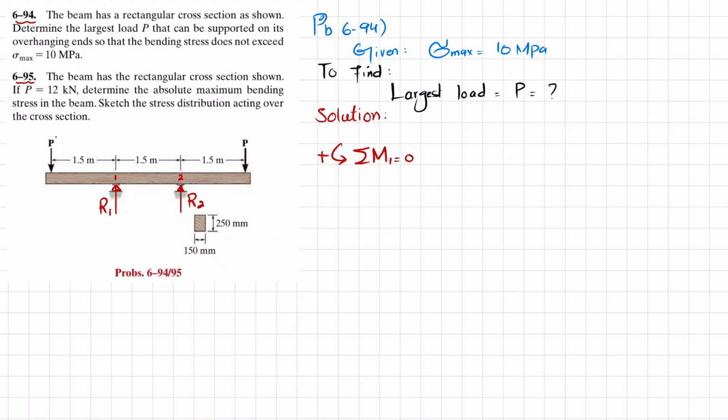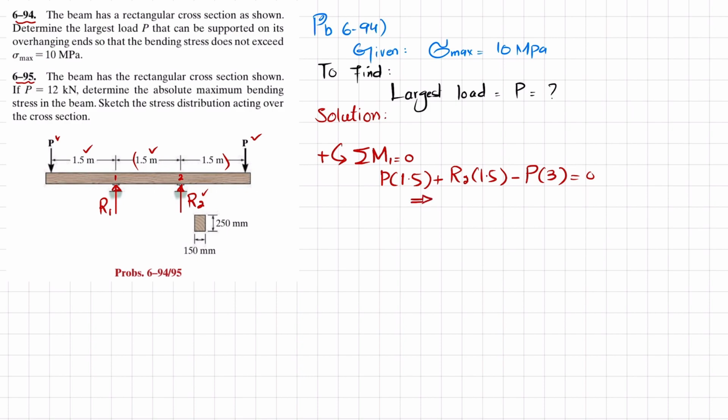So I will write P into perpendicular distance 1.5 and that is positive, plus R2 into perpendicular distance 1.5 and that will also be positive, minus P into perpendicular distance 1.5 plus 1.5 which is 3. So P into 3, their sum must be equal to 0.